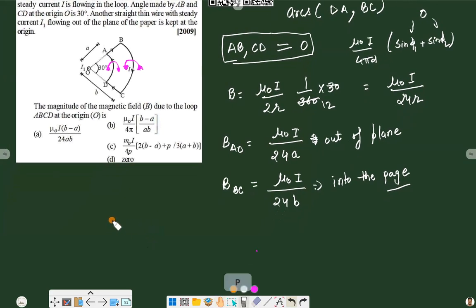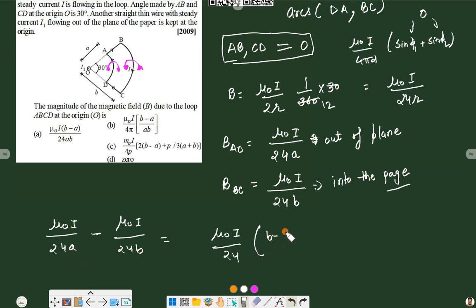The value of the net field will be mu naught I by 24a minus mu naught I by 24b, or we can write it as mu naught I by 24 times (1 by a minus 1 by b), that will be (b minus a) by ab, and that is option A. So option A will be the right answer.